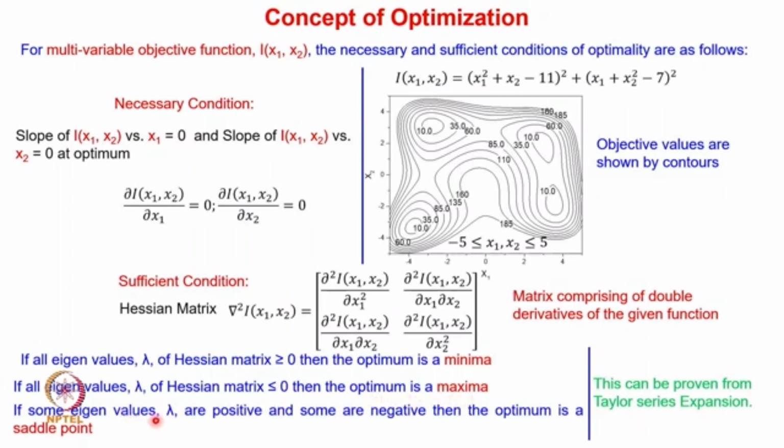And when some eigenvalues are greater than 0 and some are less than 0, it's a saddle point. In this manner we can determine whether the obtained optimum solution is indeed a minimum or maximum, isn't it? This sufficient condition is slightly more complex for multivariable problems compared to single variable problems, and all these equations we can derive directly from the Taylor series expansion.